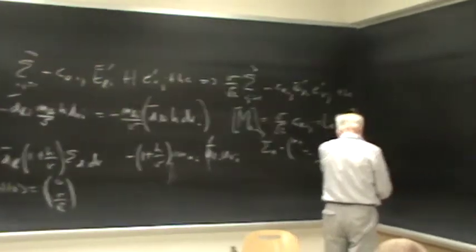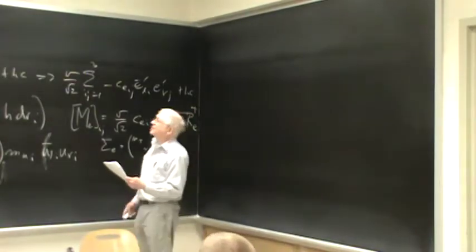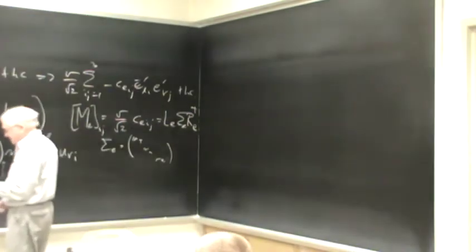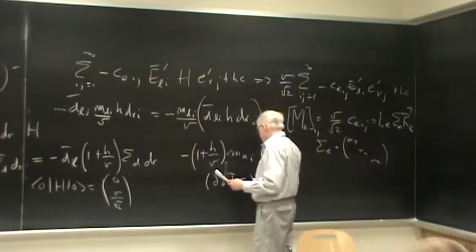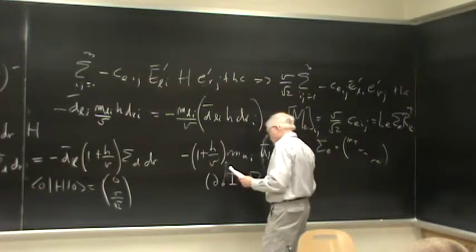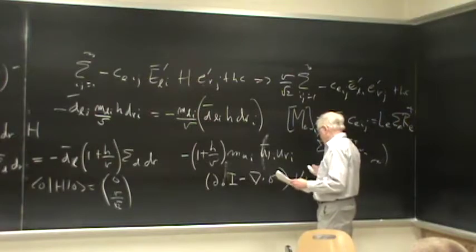So let's see. Now let's talk a little bit about the neutrinos. If we have a massless neutrino field that's left-handed, then it satisfies this two-component equation.